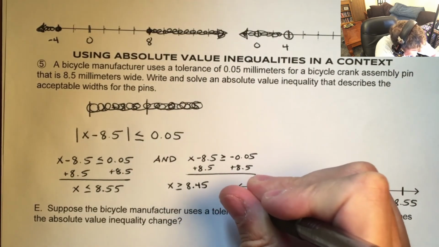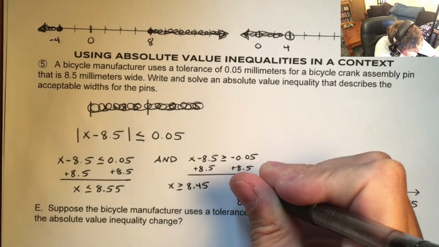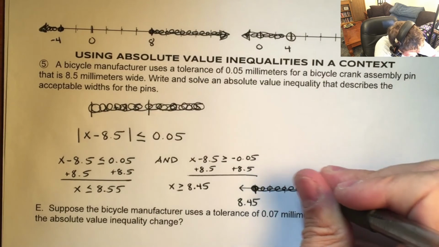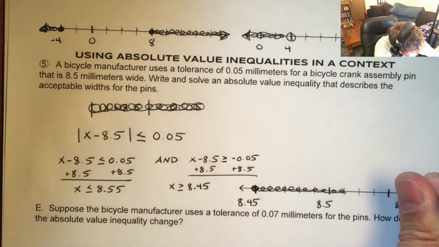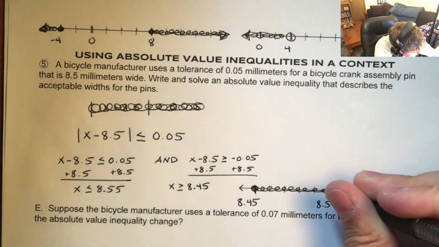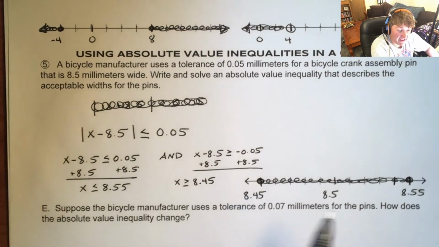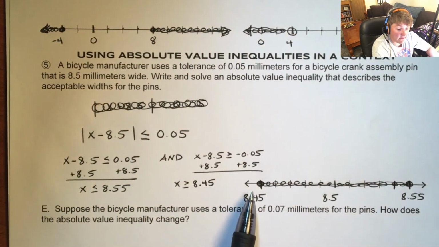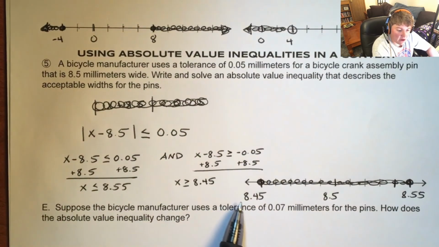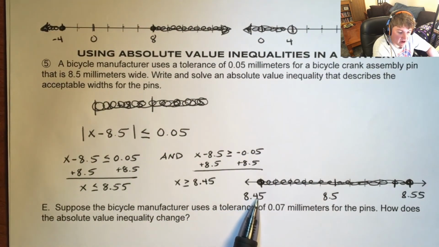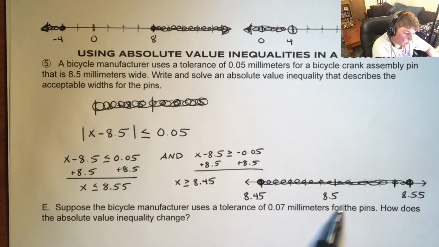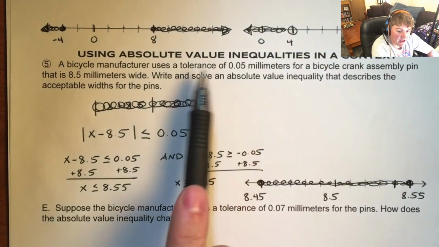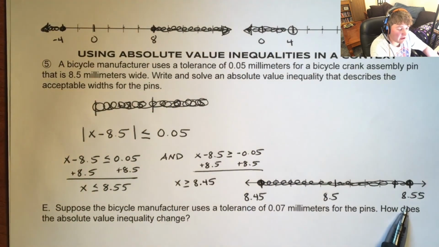So 8.45. We're saying that it needs to be greater than 8.45, but less than 8.55 millimeters. So here, having a tolerance of 0.05 allows me to have pins that are 8.45 millimeters all the way up to 8.55 millimeters.